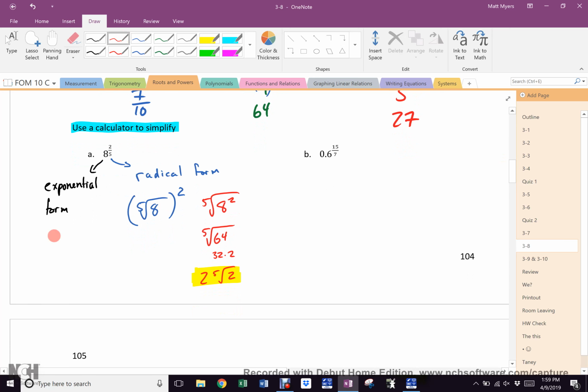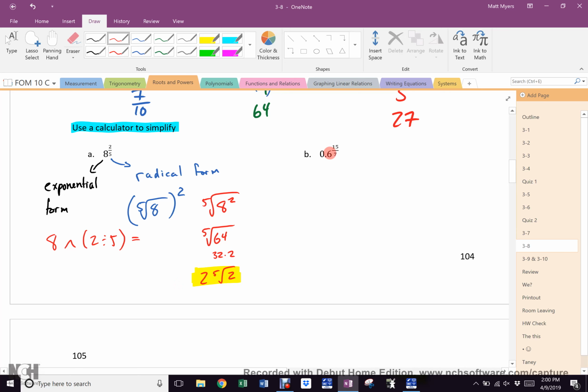I do 8 exponent bracket 2 divided by 5 close brackets equals. And it's a stupid little decimal, right? It doesn't matter. But when we simplified it, it's 2 times a stupid little decimal, which will give me 2 point blah, blah, blah. Does everybody understand?